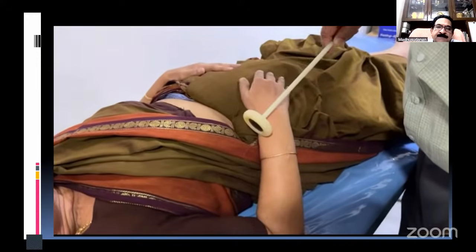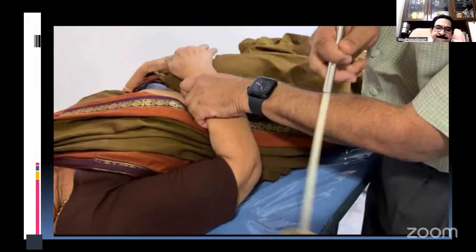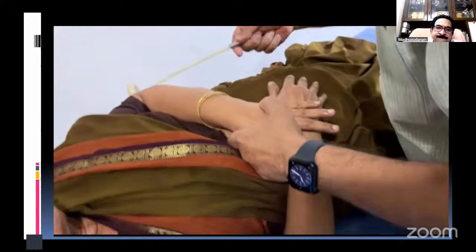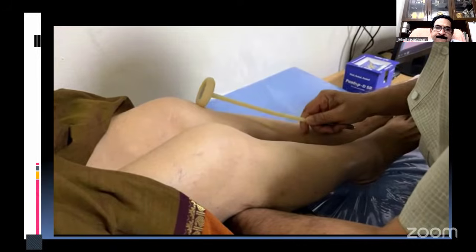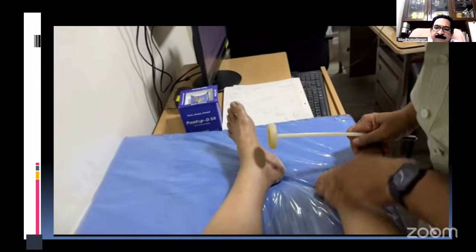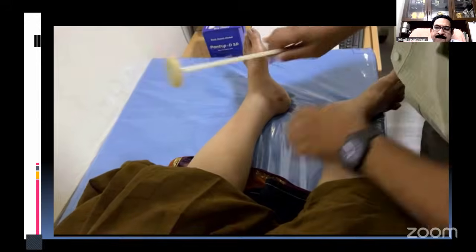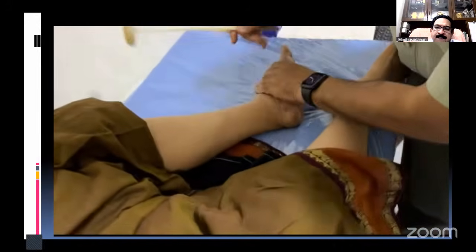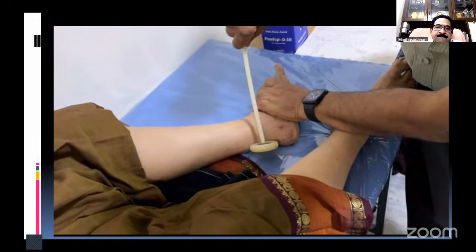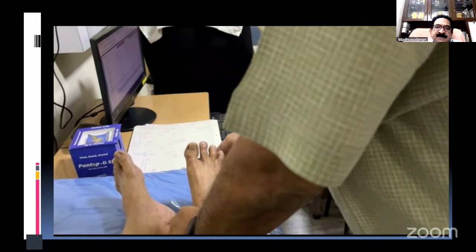Reflexes were normal in the upper limb, so also normal in the lower limb. Ankle jerks were normal. Plantar was indefinite.